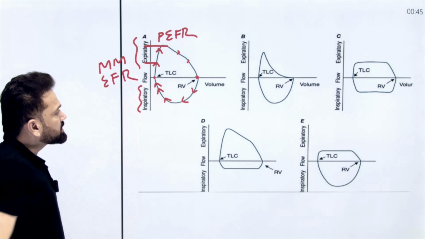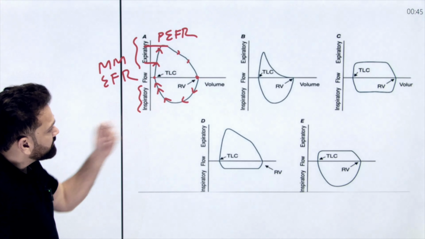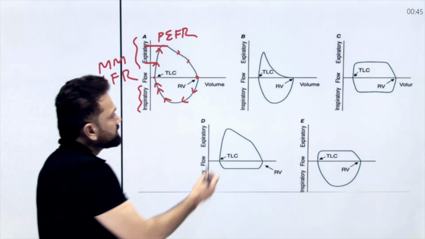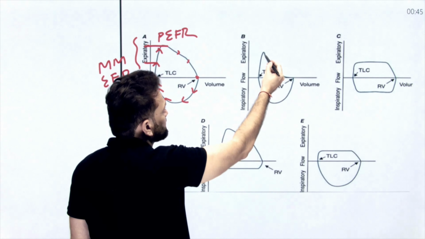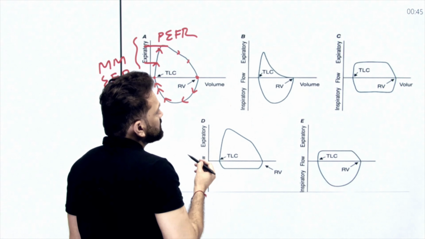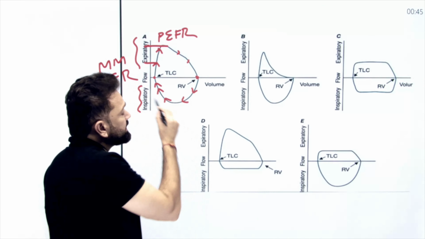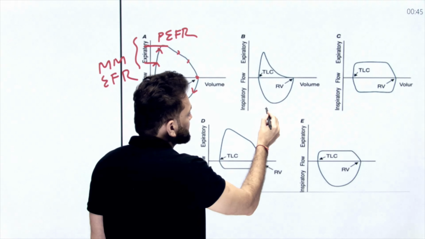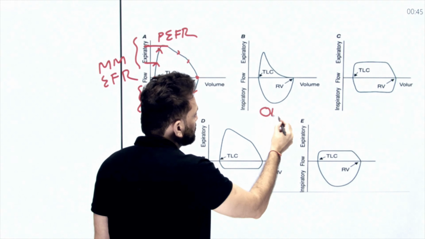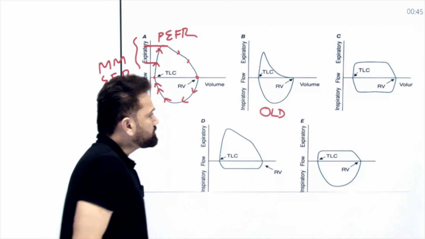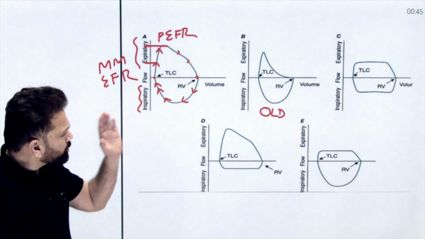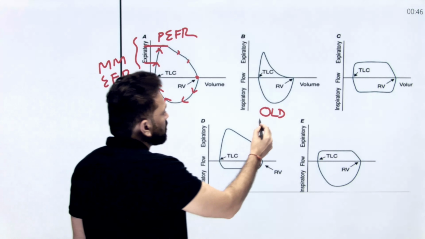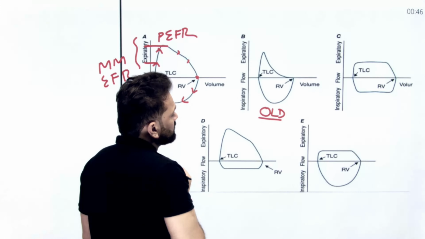This is the normal flow volume loop curve, and in the same loop curve, if you get this scalloped, sofa-like structure, why? Because MMEFR becomes less. So this structure is showing that the patient is having obstructive lung disease. Just by looking at the diagram, you can say that this patient is having obstructive lung disease.